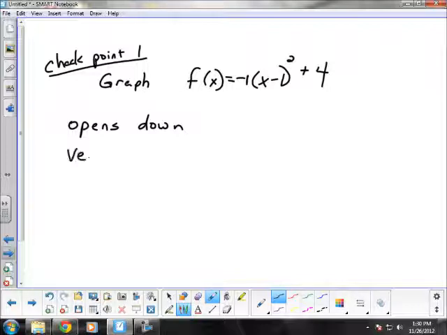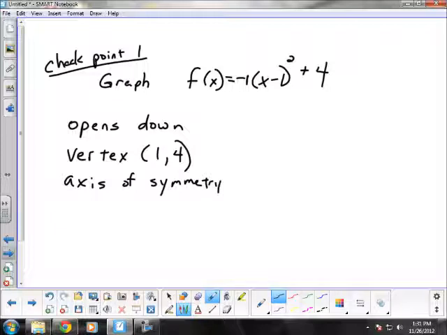Do I know the vertex? Is it negative 1, 4? How about 1, 4? Remember, inside the parentheses, you always take the number and change the sign, because the formula is x minus that number, and so that's x minus a positive 1. Okay? So there's my vertex. That means my axis of symmetry is what? x equals 1.